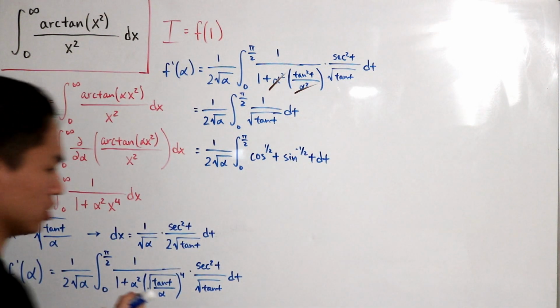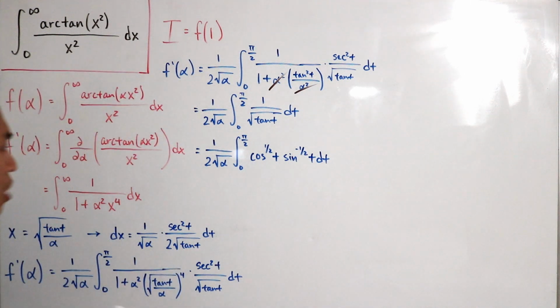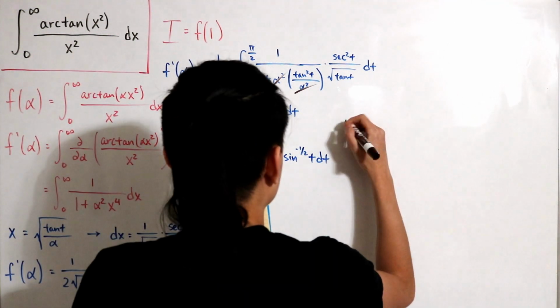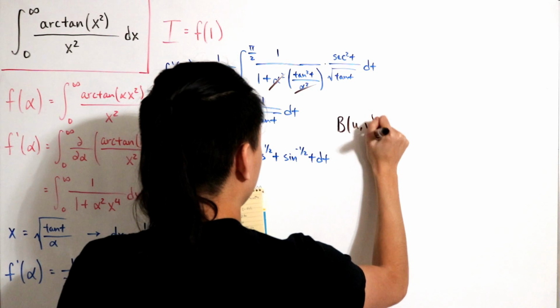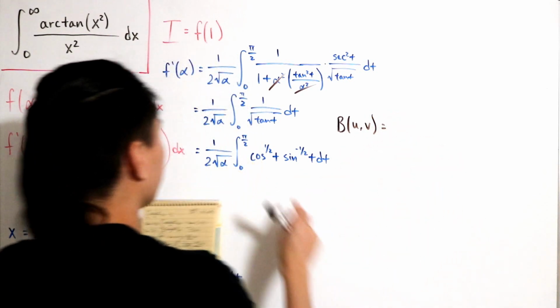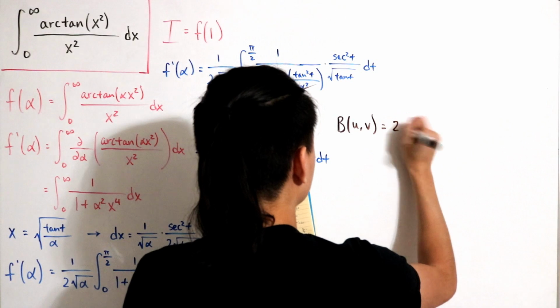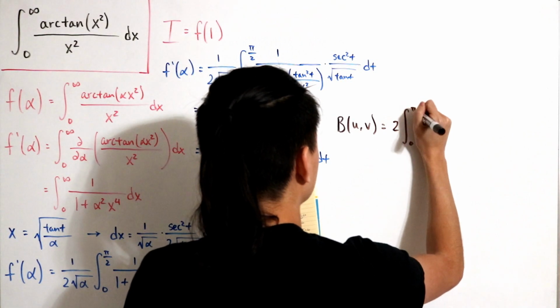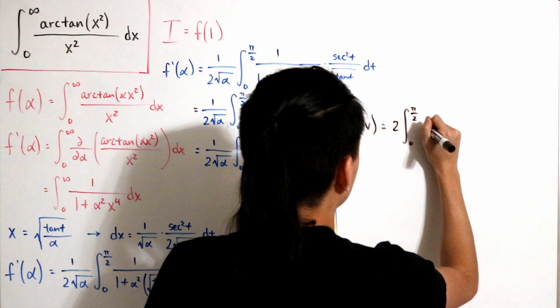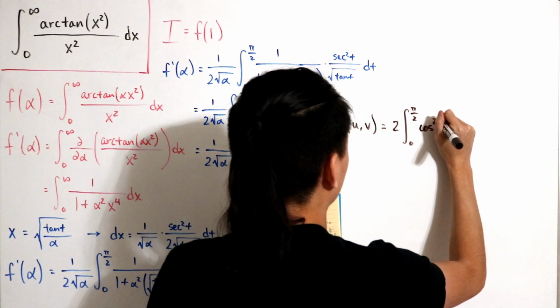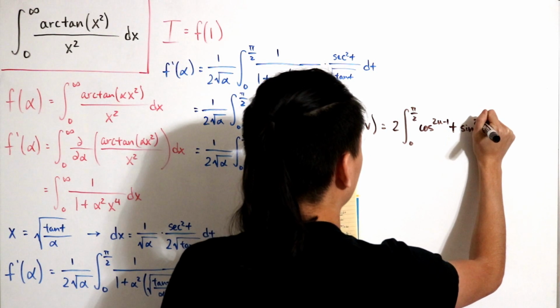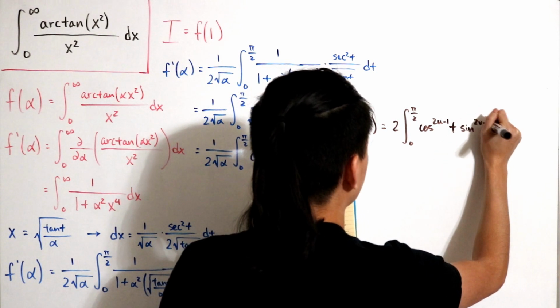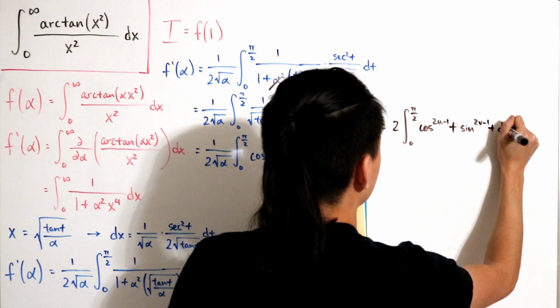So now let's write out some properties or formulas for the beta function that are going to be important to utilize later. So for some values u and v, for the integral representation of beta of u and v with cosine and sine, that's written as 2 times the integral from 0 to pi over 2 of cosine to the power 2u minus 1 of t, multiplied by sine to the power 2v minus 1 of t, then dt.